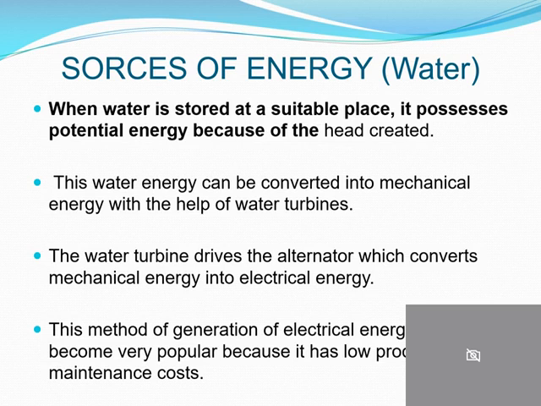And then the water turbines will be utilized to drive the alternator, which converts the mechanical energy into electrical energy. So this method of generation of electrical energy has become quite popular because it has low production and maintenance costs, and it was employed way before we ventured as a country into wind and solar.